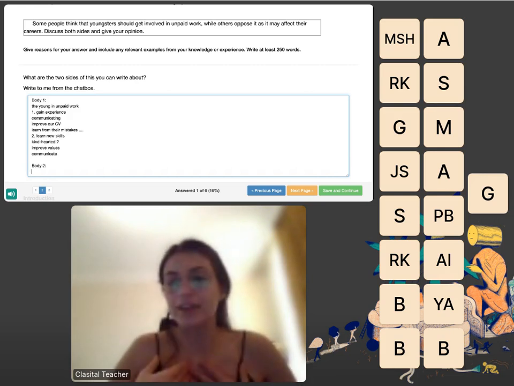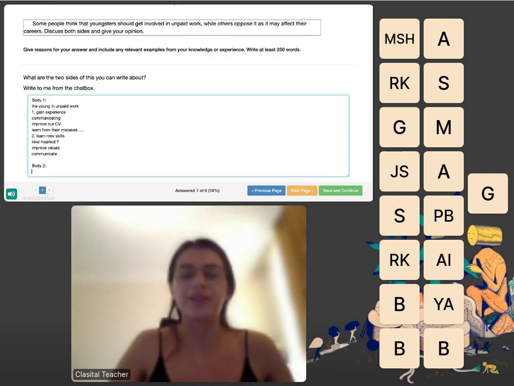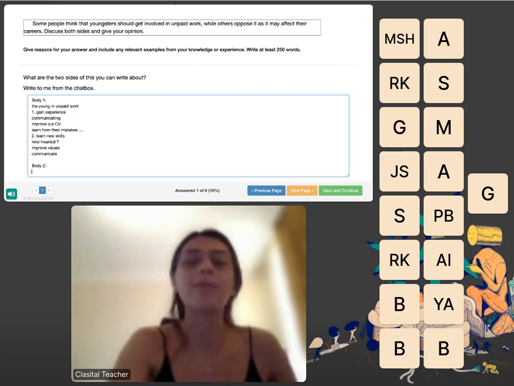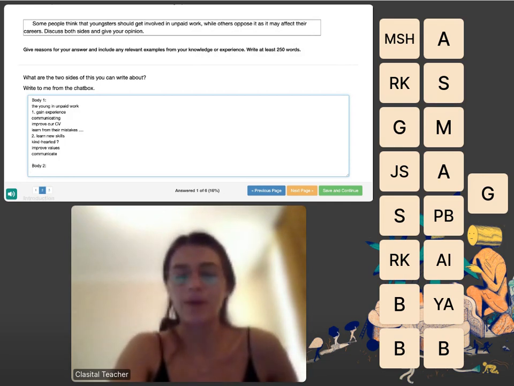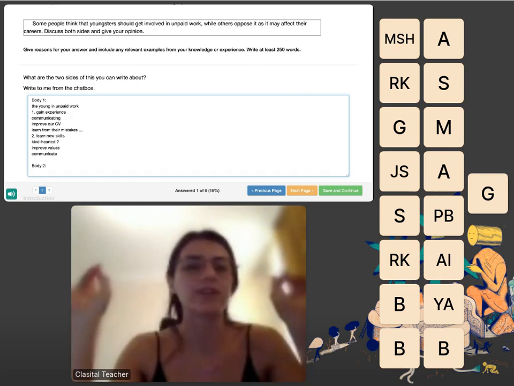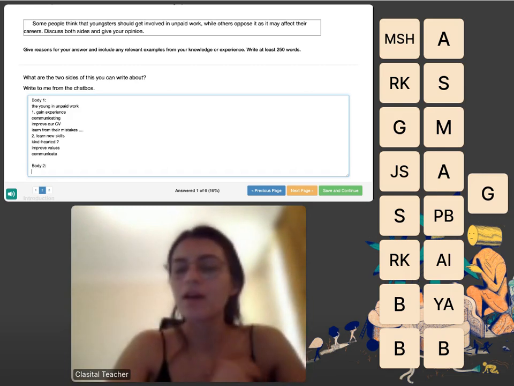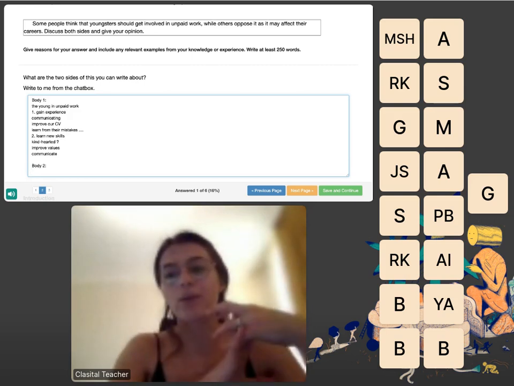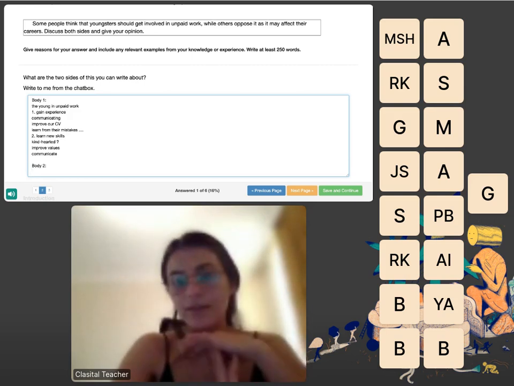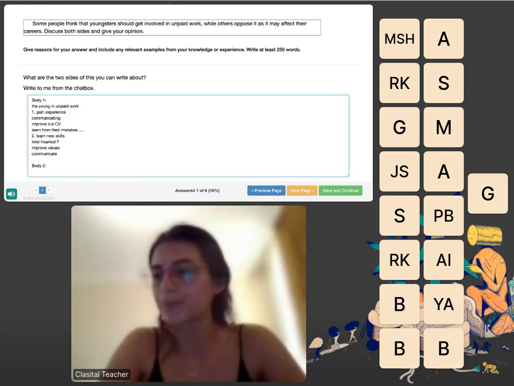So basically, what I understand from this question is that other people oppose this idea, so people working in unpaid jobs, because working in unpaid jobs may affect their career negatively. That's what I understand, because it's the opposing side of this argument. So it's not like the young are working for money. It's like they shouldn't work in unpaid work.